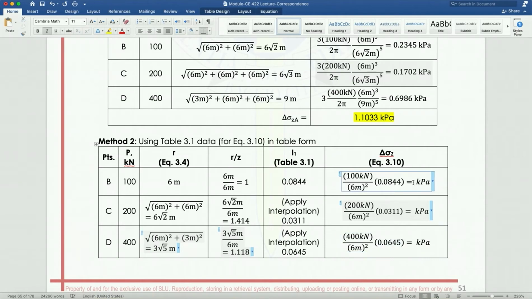Okay, so again, calculate alpha x divided by 6 squared times alpha y.